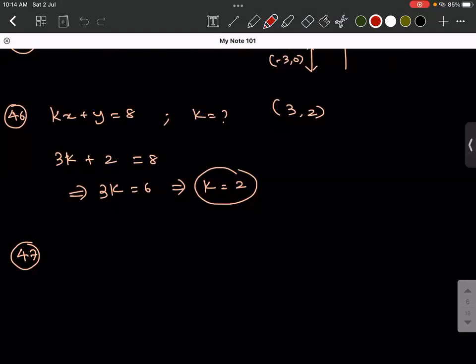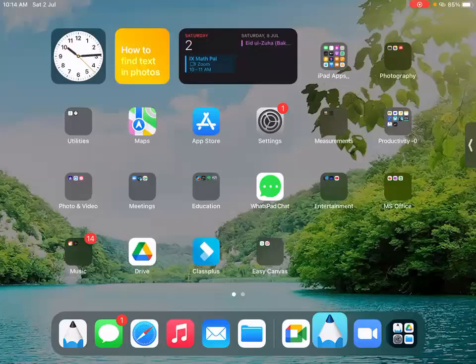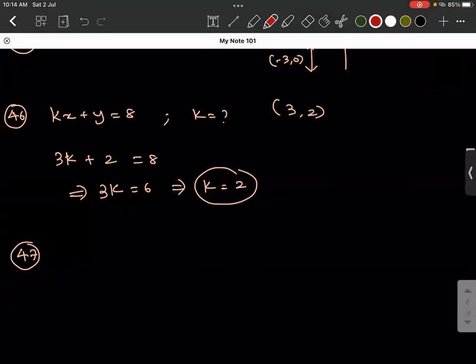Sixty percent of the votes are cast for.